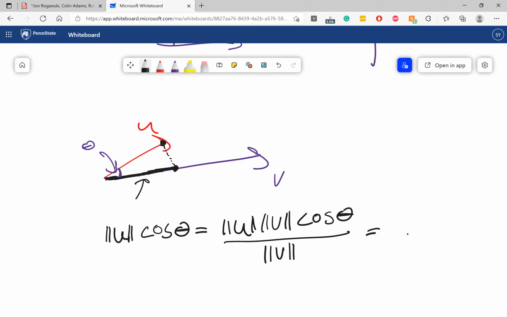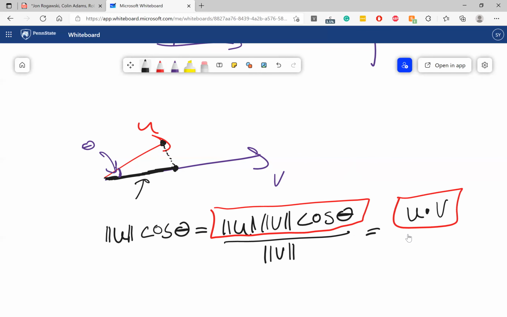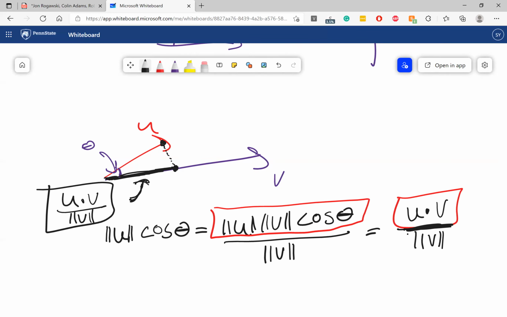And this is the same as the dot product between U and V. So that's this relationship divided by the magnitude of V. So that will be this distance right over here. This length is going to be U dotted with V over the magnitude of V. So that's what you do in order to find the distance of the projection of U onto V.